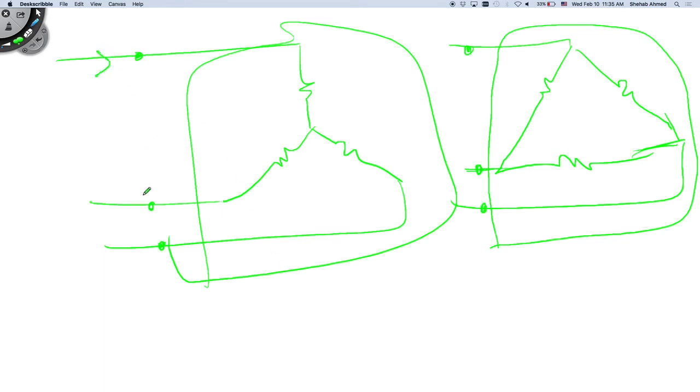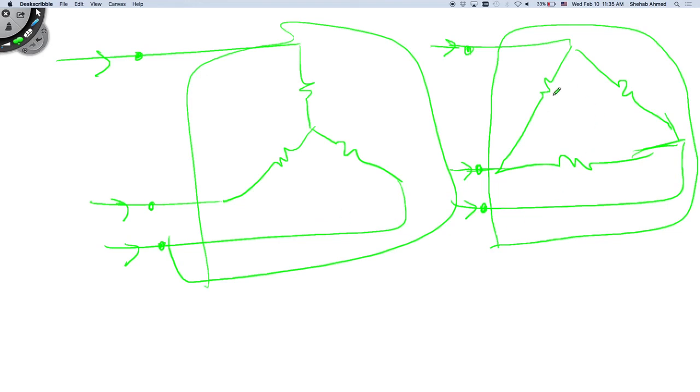I look at the currents here, and I make sure that this current and this current and this current are the same. So all three currents are the same, the three voltages are the same. If I do that, then what's inside is equivalent. That's where the derivation comes from. What's inside, let's say it looked like this star connection.